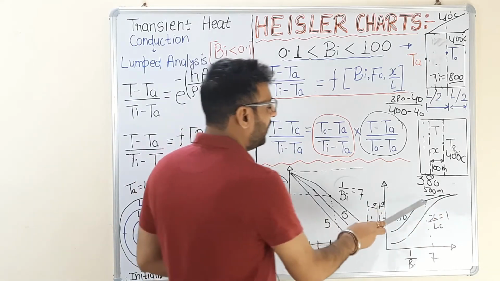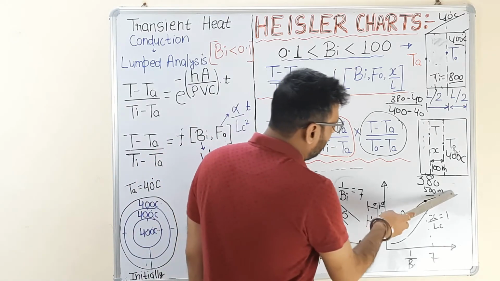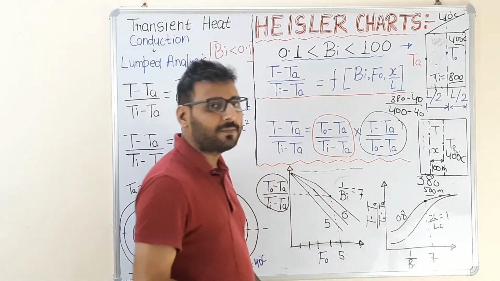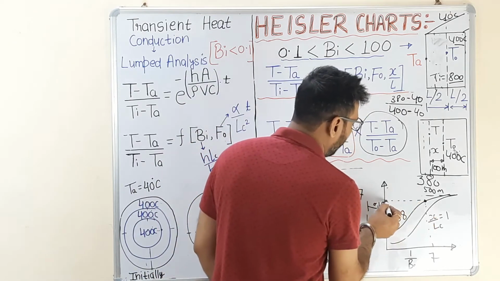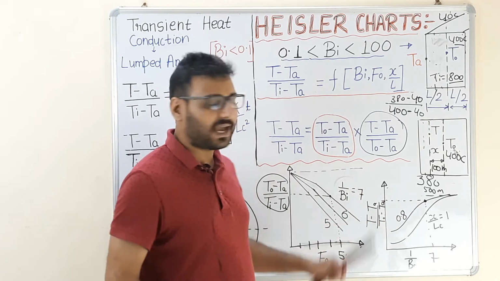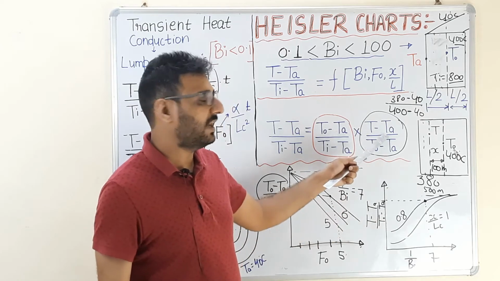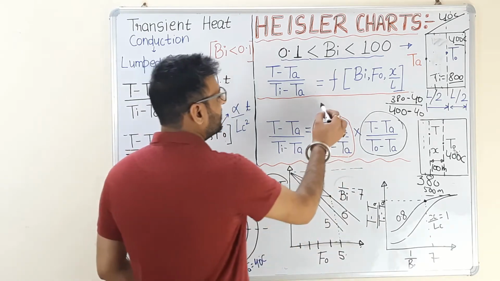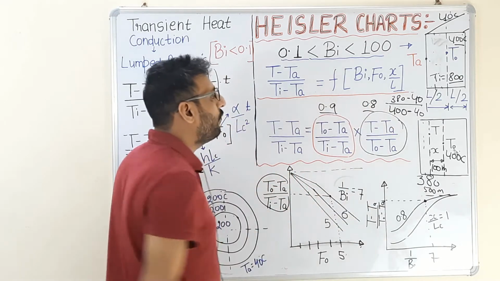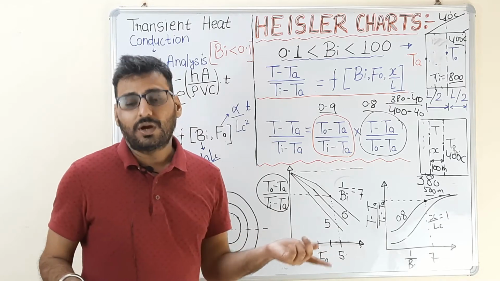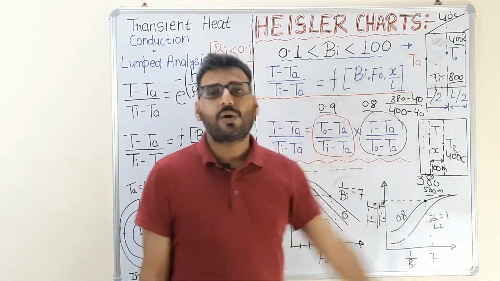We will locate the point of intersection of the x upon L curve and this vertical line. From this point we will draw a horizontal line and note the value on the y-axis. From this value we can determine the value of this factor, and suppose the value of this factor is 0.9 and this factor is 0.8, and from these values we can determine the temperature at any point within this plate.